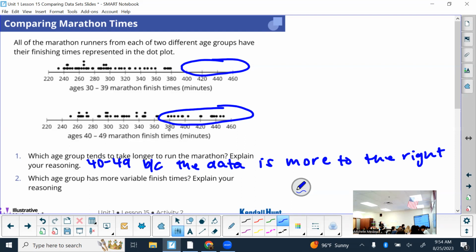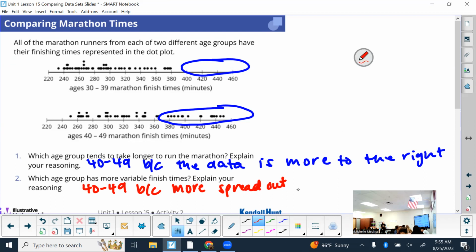Table 9, number 2, which age group had more variable finish times? 40 to 49. And what's your justification? Because they're more spread out evenly, unlike the 30 to 39. All right, what does variability mean, class? How spread out it is. More people should be answering.